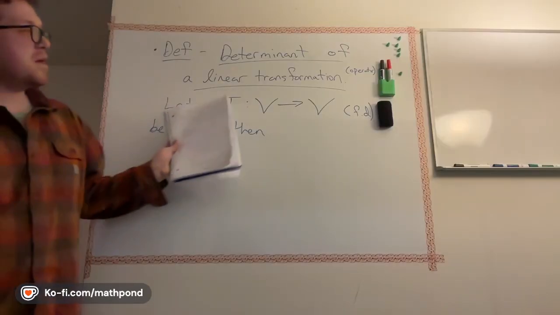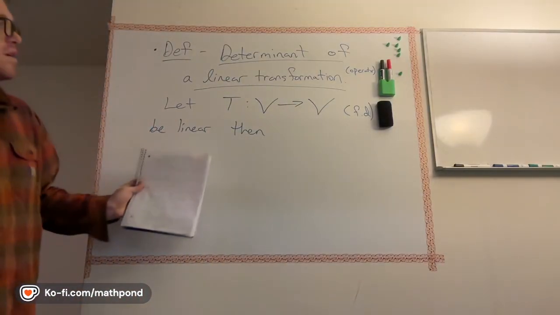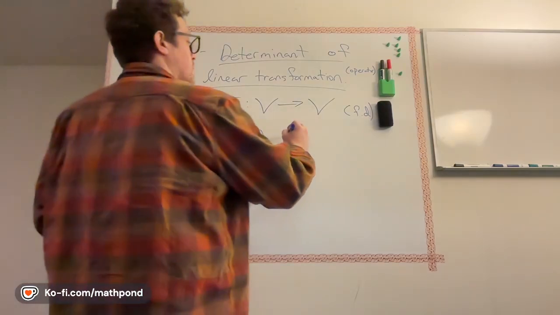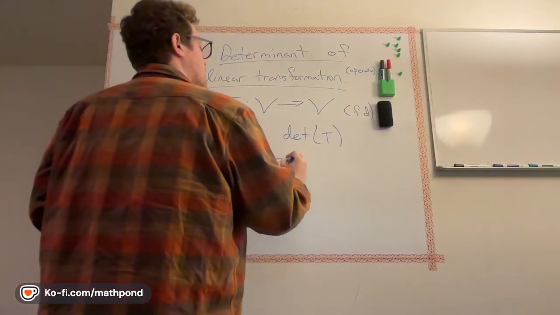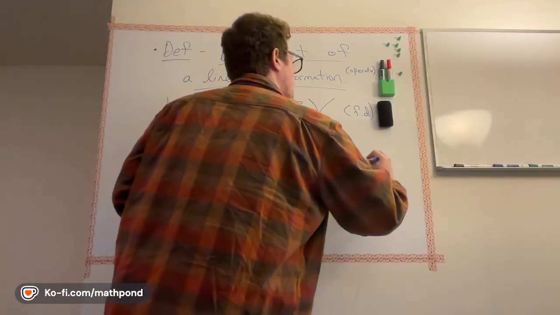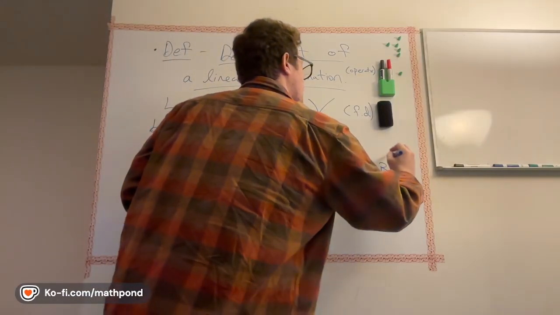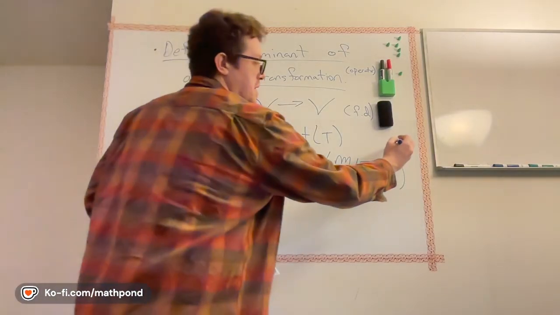So let T be a map from V to itself, a finite dimensional vector space. Assume that it's linear. Then the determinant of T is equal to the determinant of any matrix of T with respect to any basis.